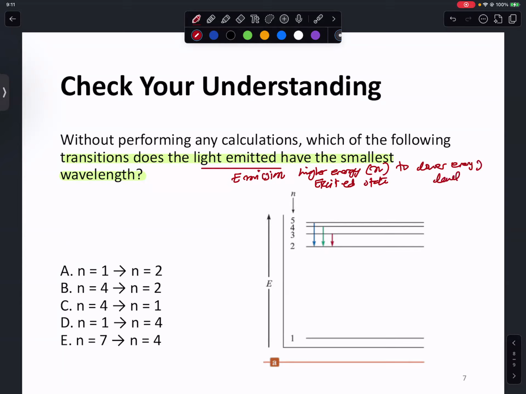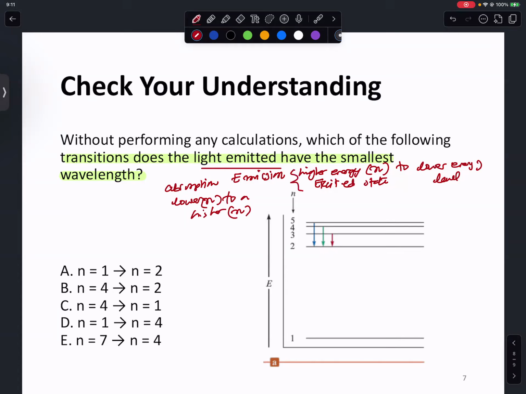Okay, so this is the first thing, because absorption, on the other hand, is going to be lower n, I wrote m, lower n to a higher n. So we're looking for higher to lower, all right?